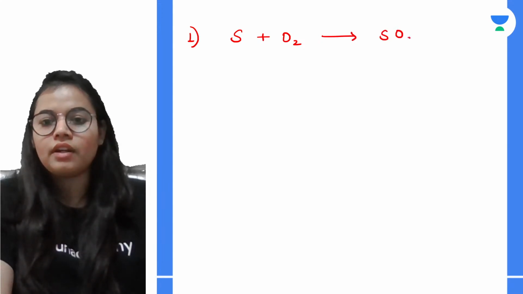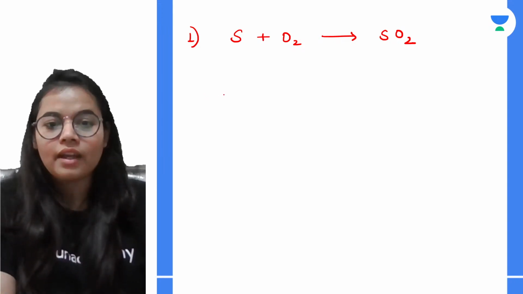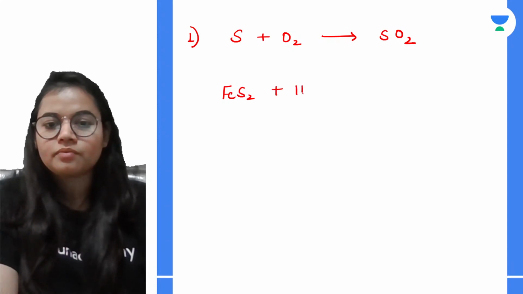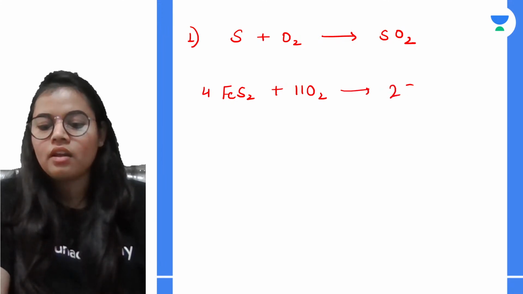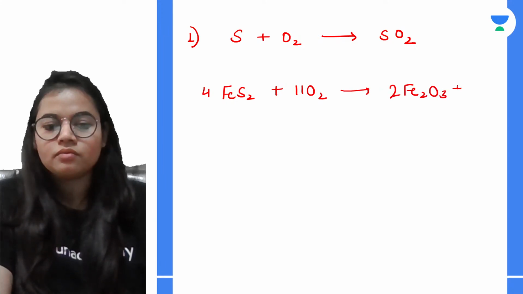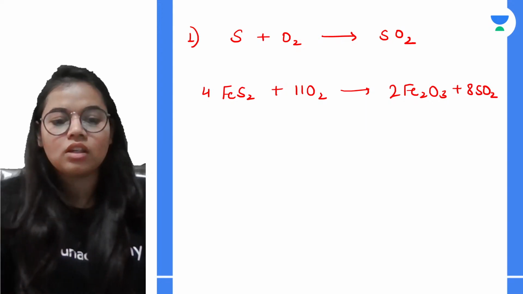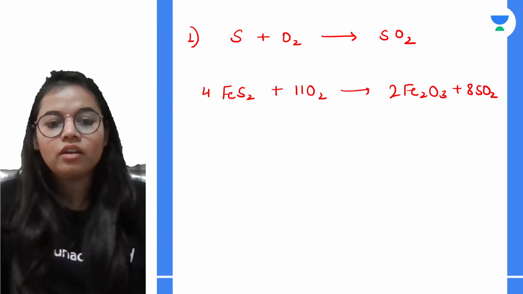We will get sulfur dioxide. And the second one is by the iron pyrites. Correct Divya, correct Kamakshi. So our first answer is complete.